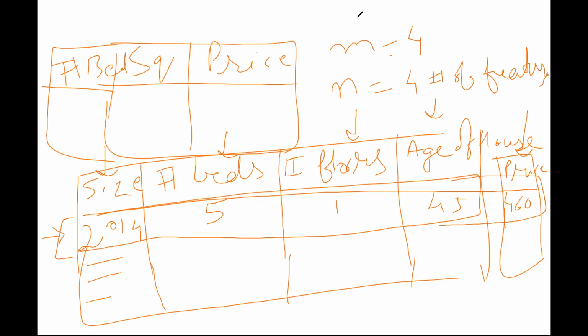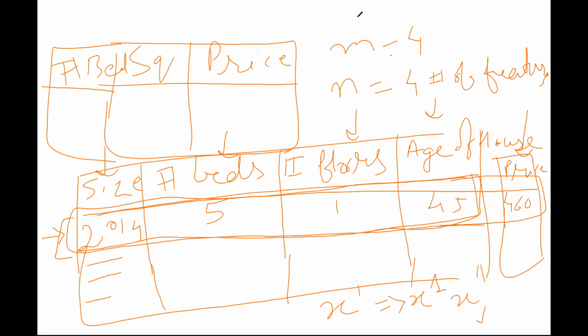So if we are writing only this part, the features of the data, we will write it as x of i. Here this is my first one, so this will become x of 1. Now with that we have many features, so to represent that we will write x of i of j.